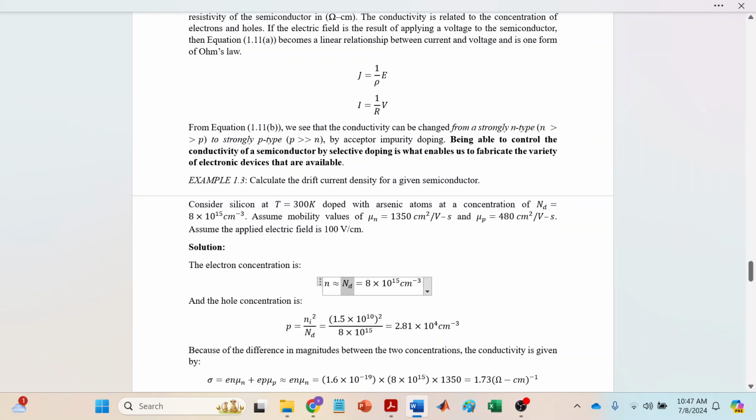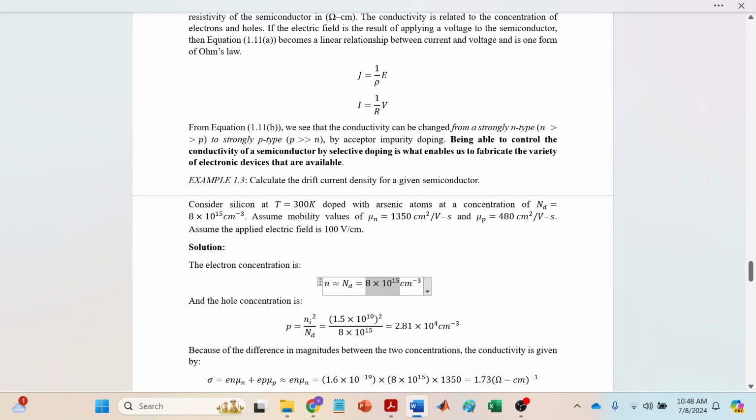So we say that the electron concentration is given by the donor concentration. We wouldn't care about the electron concentration for the intrinsic case.